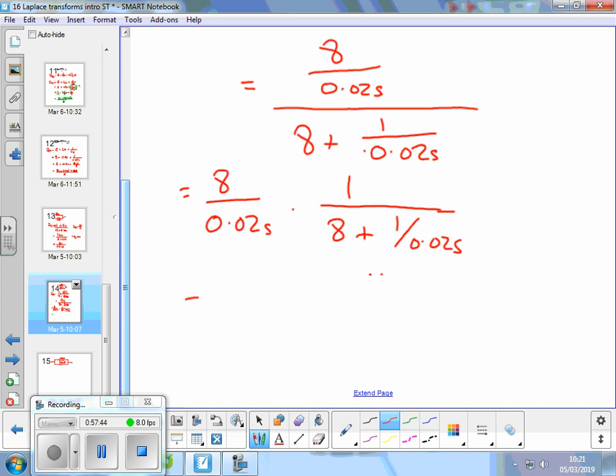And doing that multiplication gives us 8 over 4. Follow that? Follow it, Dom?